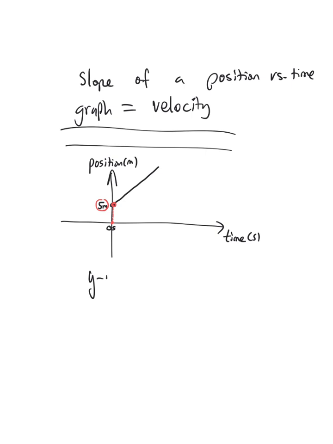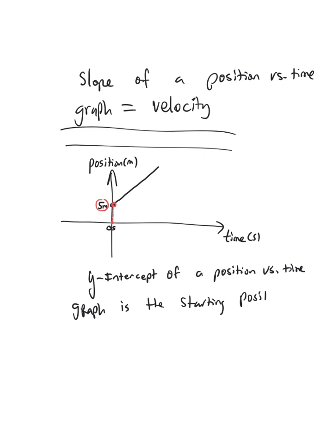So the y-intercept, let me write that a little bit better here. The y-intercept of a position versus time graph is the starting position, or the position at time is equal to 0, which is x naught, or x of 0.